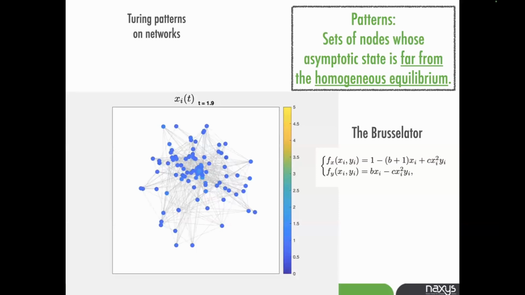But what is important here is that normally, if your network has no physical reason or is not embedded in some physical space, the fact that I put this yellow node in the center is just my choice. I could have put it over there. So the pattern here is not like a motif on the skin of animals, but just a heterogeneous distribution of densities on nodes.